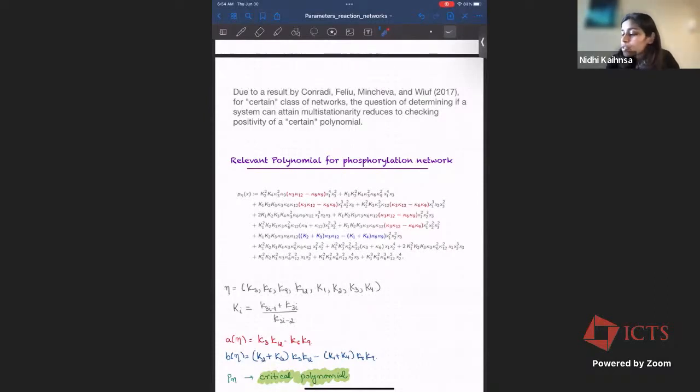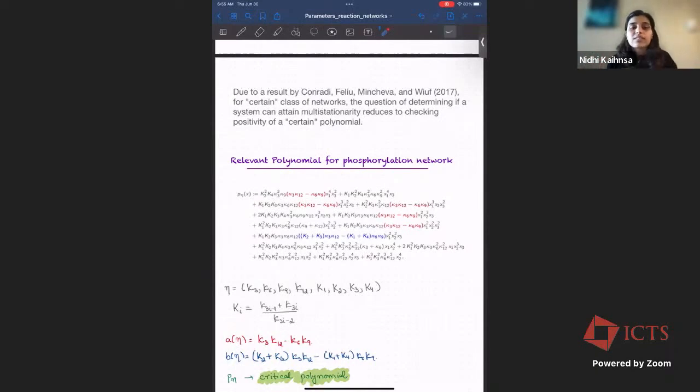Now we are basically interested in the positivity of this polynomial in R3. There are three variables, x1, x2, and x3, and this polynomial depends only on these three variables and 8 parameters. The coefficients are polynomials in terms of the parameters.